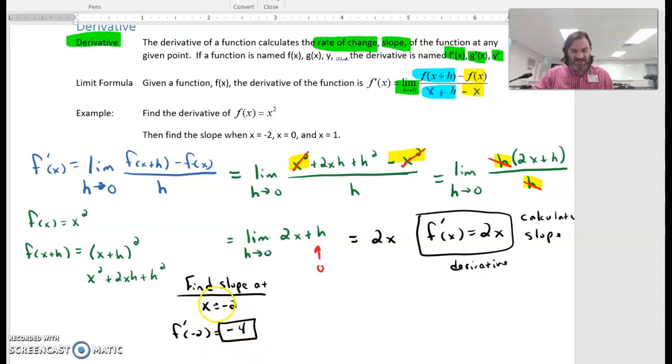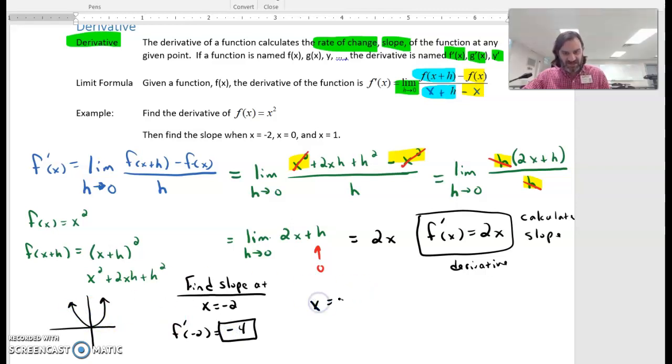So when x is -2 on our parabola, the slope is -4. While we might not be sure about the 4, the negative is definitely good because we can see the function going down over there.